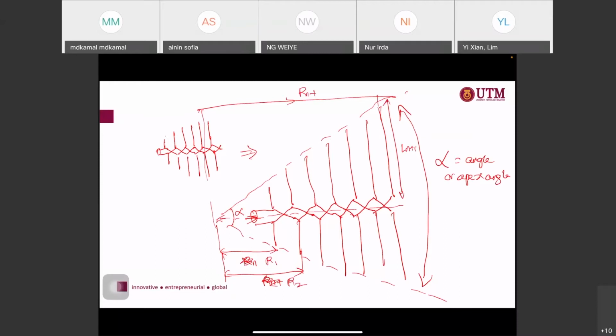This one is Rn, this one is Rn plus 1. So that is the example. Also, we have what we call the spacing here, S. Spacing is S.